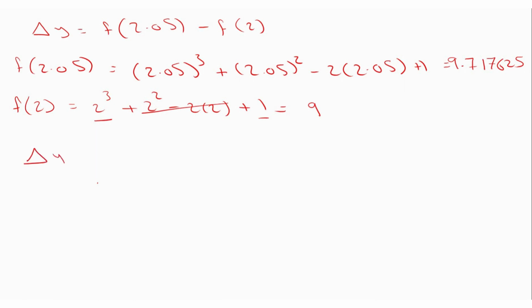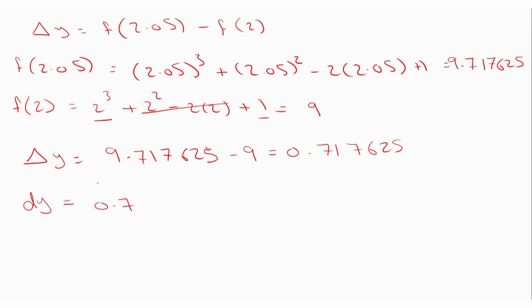Now delta y is going to be 9.717625 minus 9. And the result is going to be 0.717625. As we have found earlier, we got that the differential dy is 0.7.